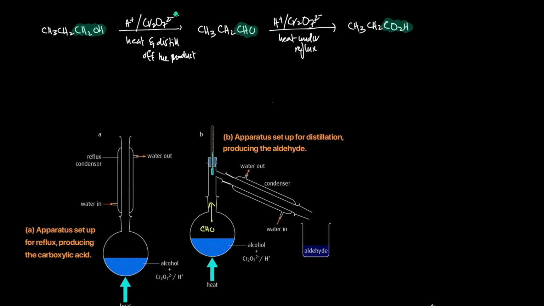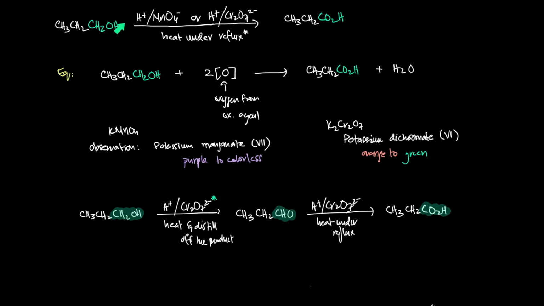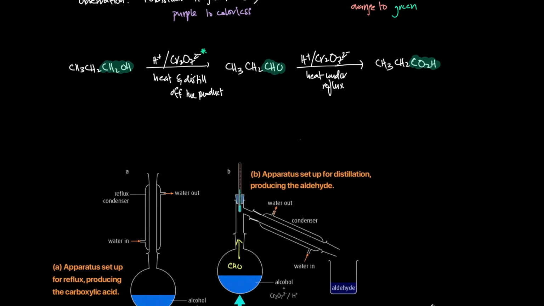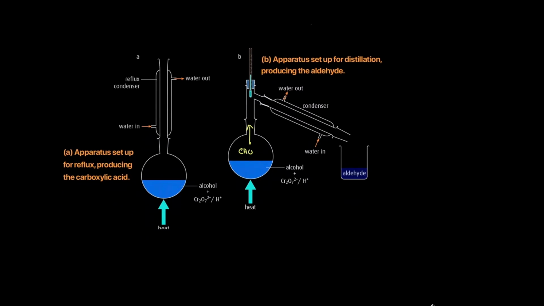That's why whenever you see me write it, I'll always write dichromate from primary alcohols to aldehydes. Whenever you're heating under reflux, it doesn't matter. You can use manganate or dichromate. So for distillation, it's better to use the weaker oxidizing agent, but you can use manganate as well.